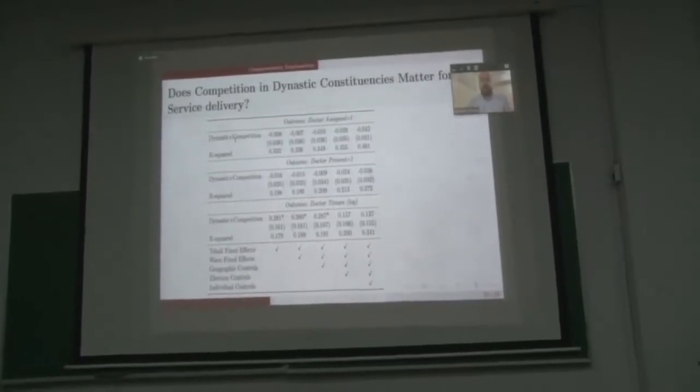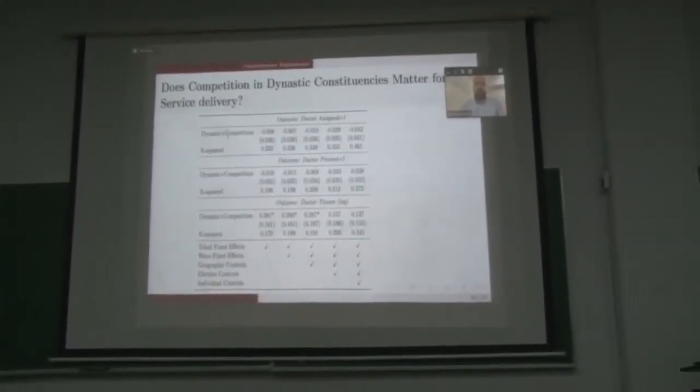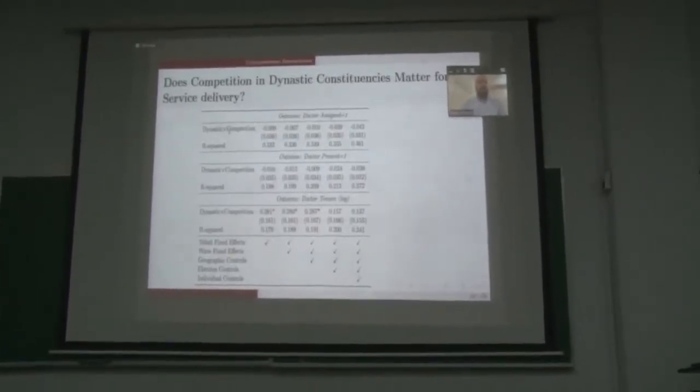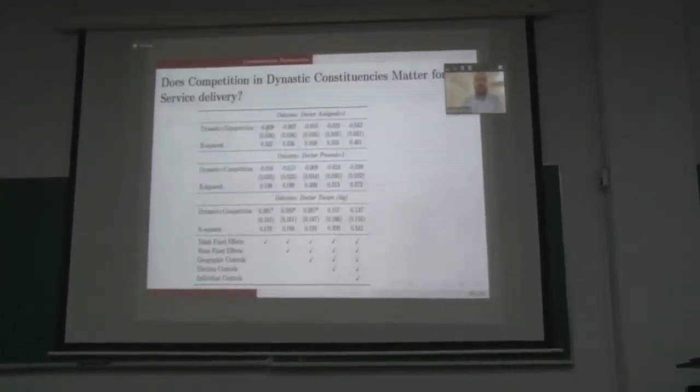We have also looked at some other explanations, and we saw that dynastic members who have served more than one term in the parliament are unable to mobilize public services for their constituents. We have also seen that dynastic members from the ruling party are able to mobilize more quality services for their subjects. And we've also shown that competition is affecting the performance of dynastic politicians.